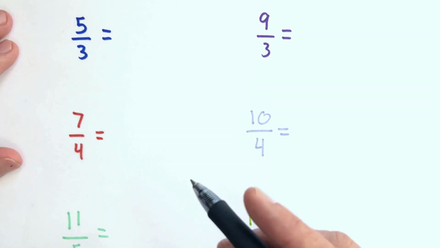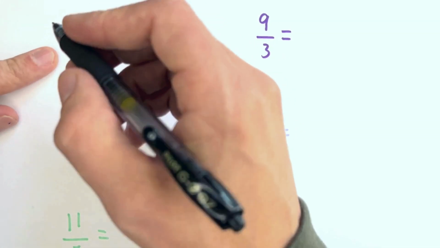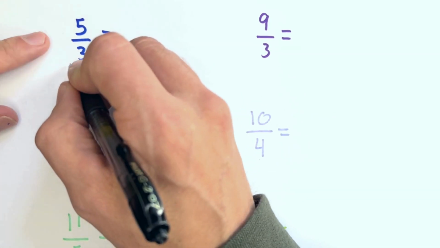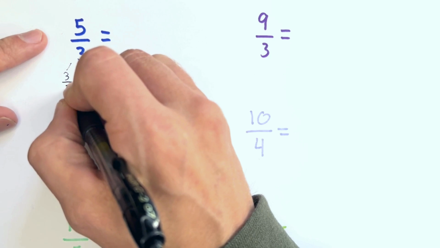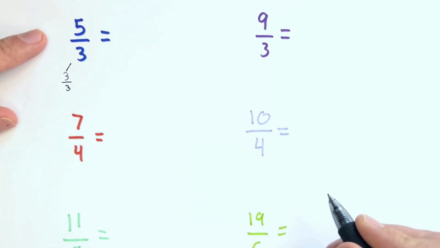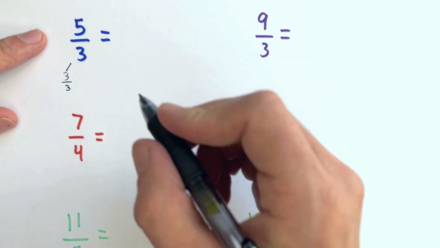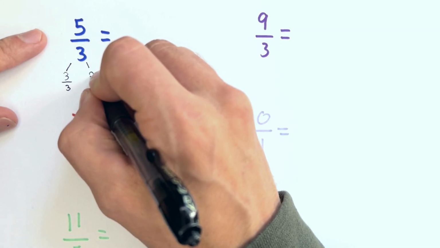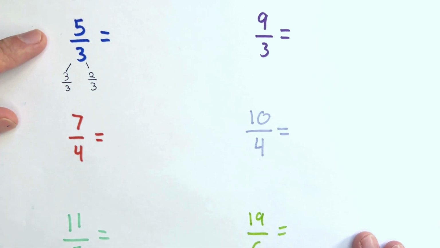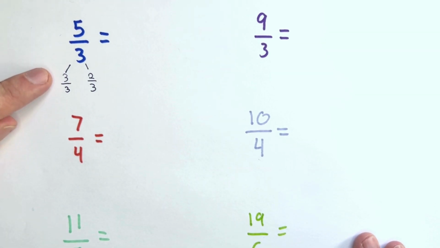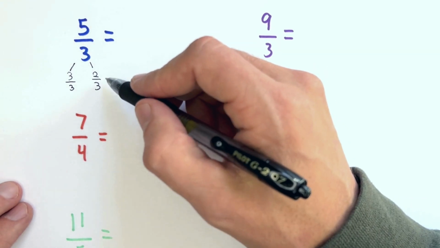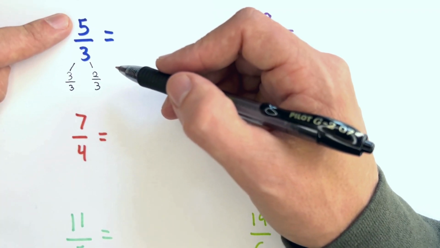Here's what I mean. Let's take a look at 5 over 3. I'm going to take out a group of 3 over 3 first. Then I'm going to have a group of 2 over 3 left over. So there's my 3 over 3, and my 2 over 3 adds me back up to 5.